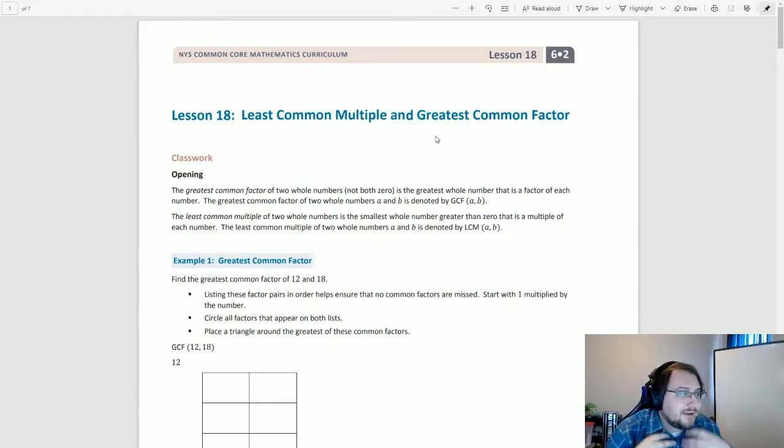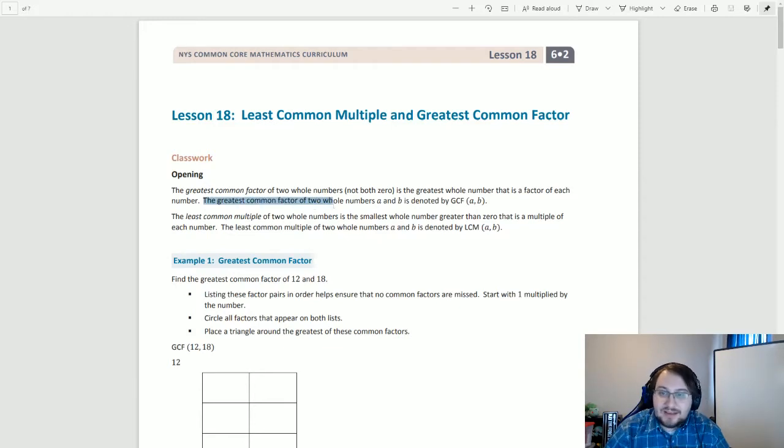In our opening here, it tells us specifically what both of these are. The greatest common factor of two whole numbers, which can't both be zero, is the greatest whole number that is a factor of each of these two different numbers.